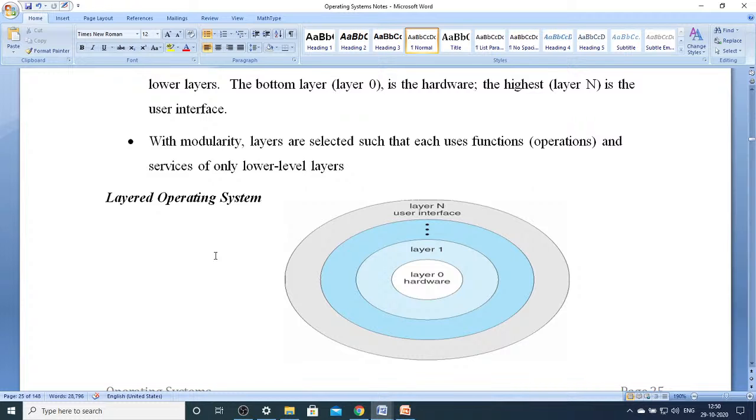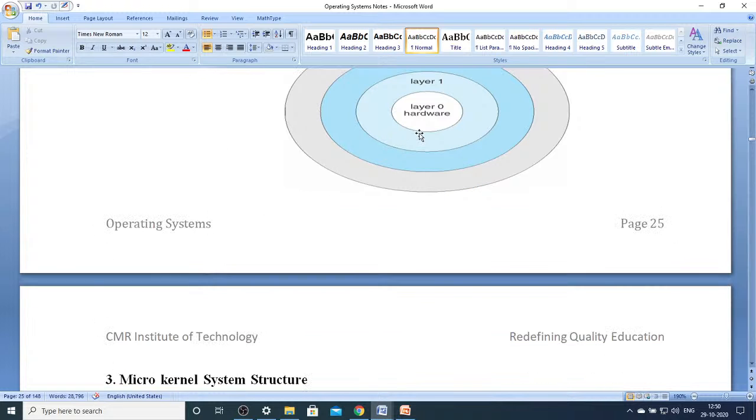How the layered architecture is laid out: each layer can only get services from the lower layers, and no layer can get any service from the layers above. Typically there will be 5 to 7 layers used by any real-time operating system. This is the typical layered architecture, and for this the diagram is a must.